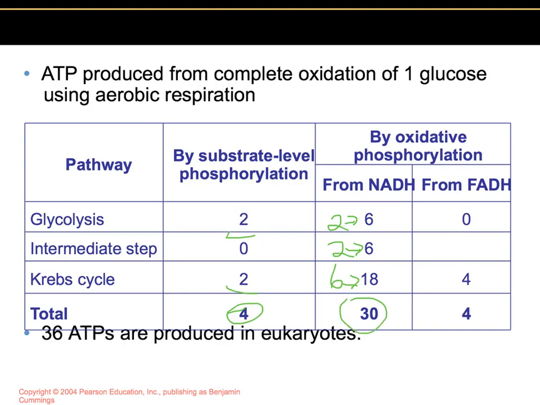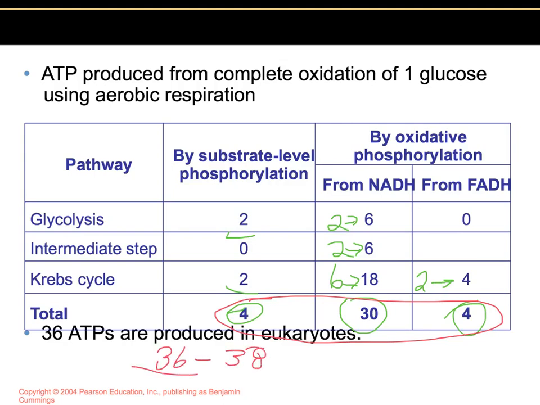And then in FADH, we got 2 in the Krebs cycle. So remember, we multiply that by 2 because FADH is worth 2. And now we've gotten 4 ATPs. If we put all of these together, this will give us 36 to 38 ATPs.